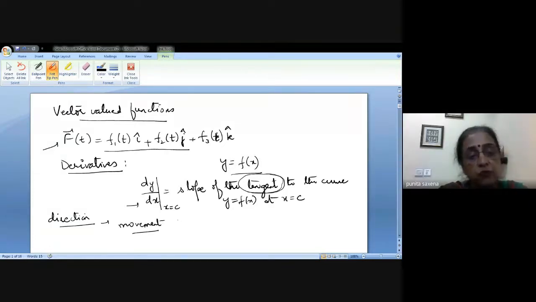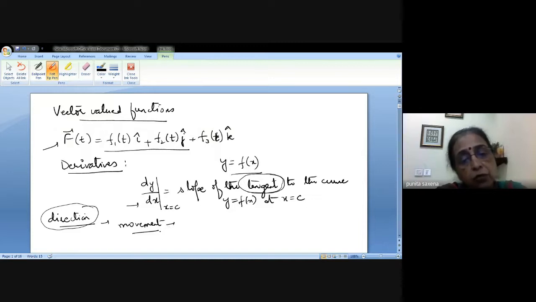Say movement of a particle, a planet, an object, whether it's going up, down, right, left, or moving in an elliptical orbit. Whenever we are interested in studying movements, the direction plays an important role.